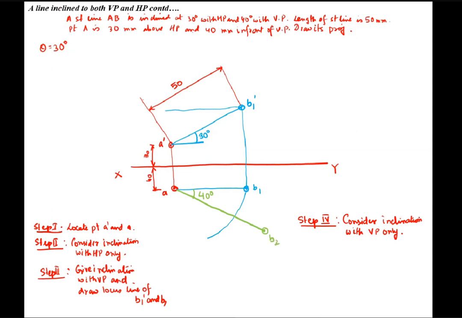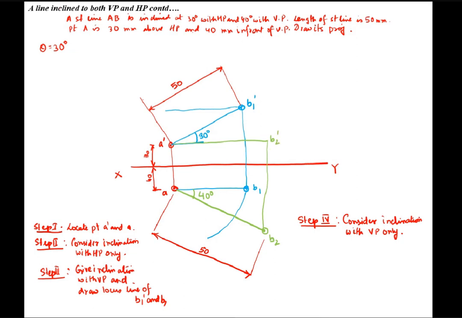And this is also 50. So now this B2, I am going to complete it like this. What will be its front view and top view? Something like this. Draw a perpendicular line like this. This will be B2 dash.